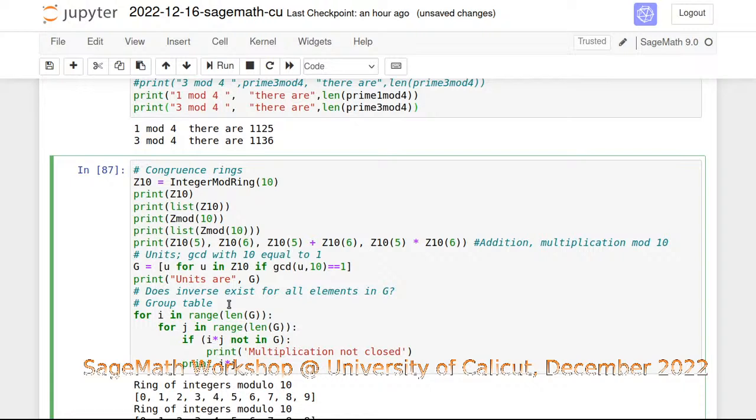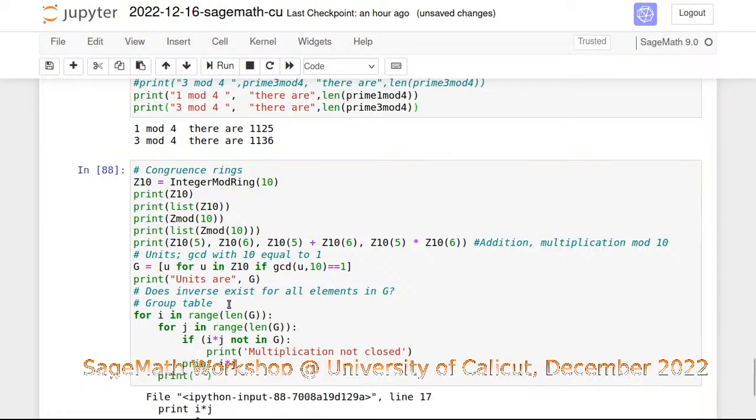Otherwise we will simply print this i star j. I am just trying. After going through one range, we need to go to a new line. So for printing a new line, I will simply use this. Let me just try to execute this code and see.